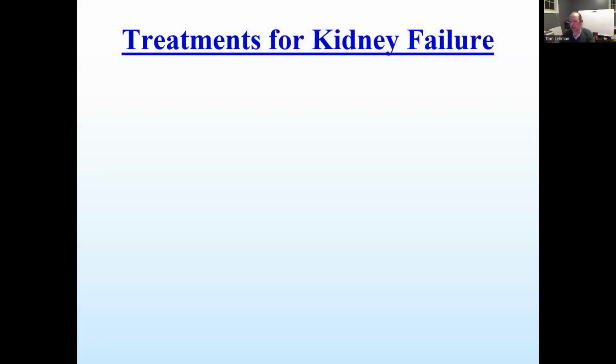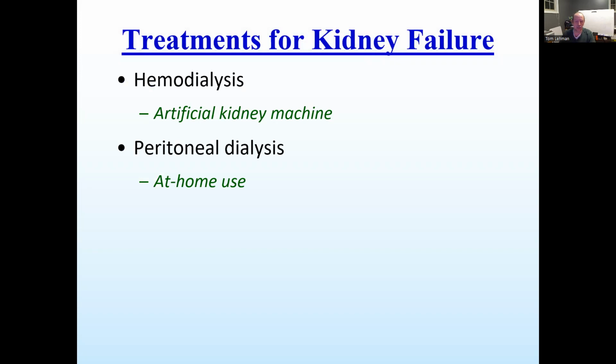Luckily, there's another process called peritoneal dialysis. Peritoneal dialysis, I find this fascinating. This uses the mesentery, that little semi-permeable membrane inside your abdominal cavity that helps to hold your intestines in place. That mesentery is a semi-permeable membrane full of blood vessels.